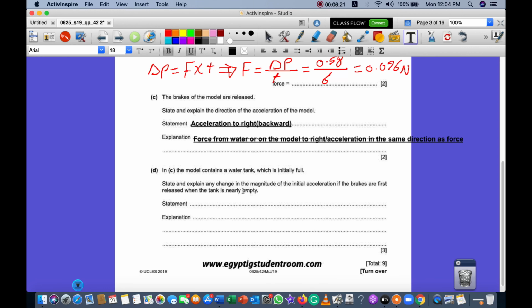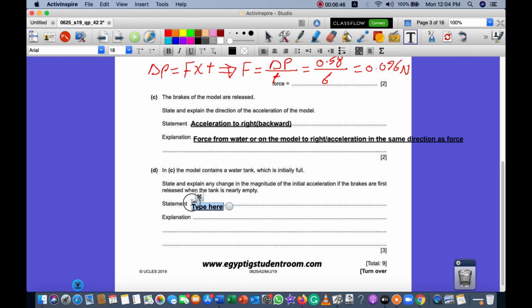What will happen to the acceleration? I think the acceleration will be more. Why? Because it's logical. What will happen to the mass? The mass will be less, because, as I said here, the tank is nearly empty.